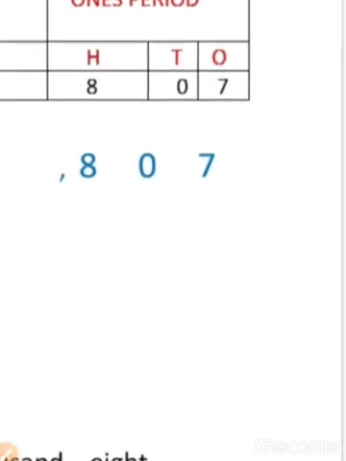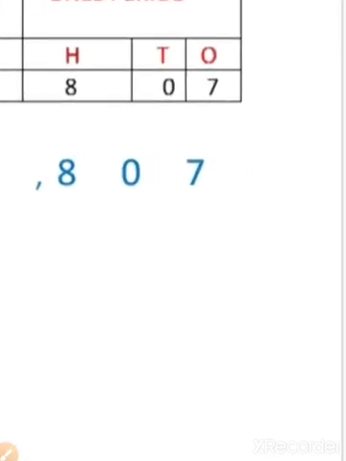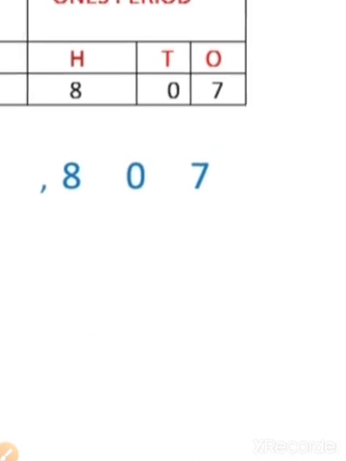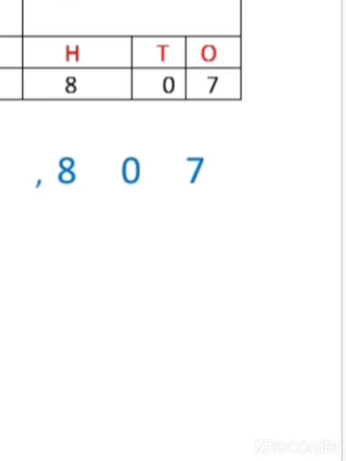In the ones period, there are 3 digits, 8, 0 and 7. And then we have to put one comma. Okay, students. So first comma is to separate the ones period from the thousands period.